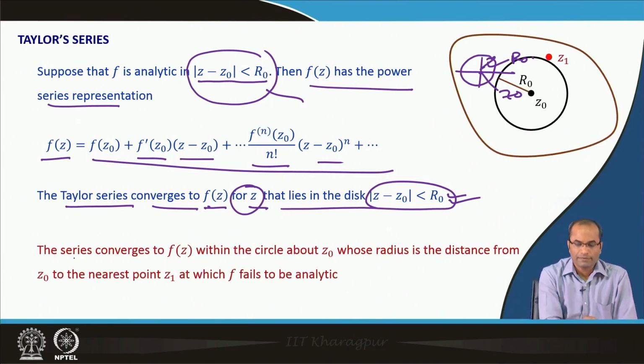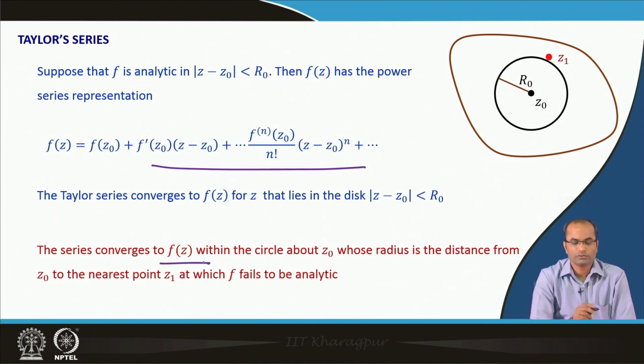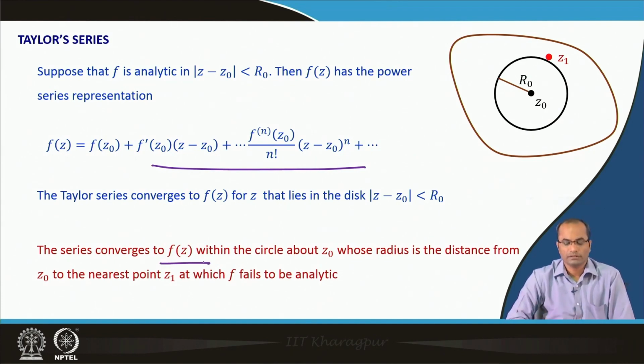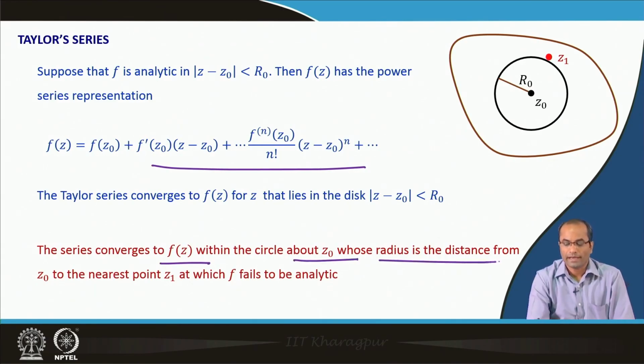We have also discussed that the Taylor series converges to f(z) within the circle about z0, and the maximum radius of this circle can go up to the nearest point, as visualized here, where f fails to be analytic.